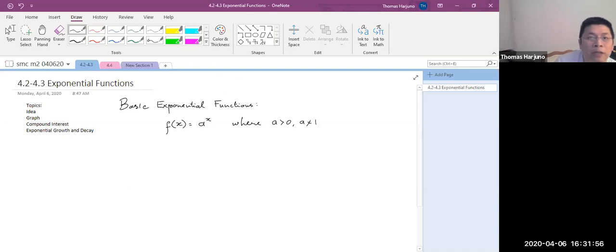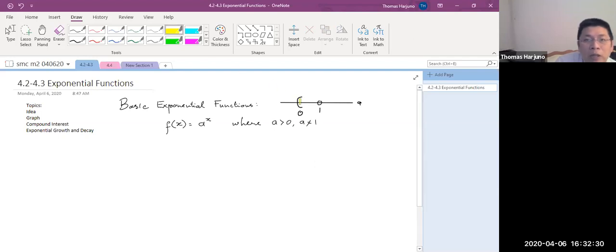So if we imagine that on the number line, then the a has to be greater than 1. Oops, I'm sorry. The a has to be greater than 0. It has to be greater than 0 and cannot be 1.